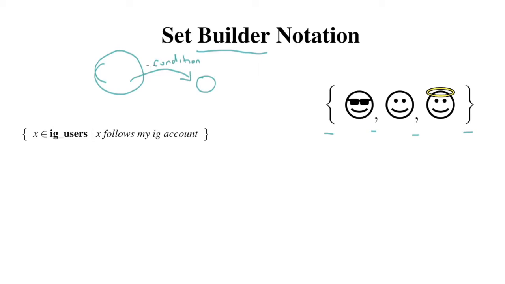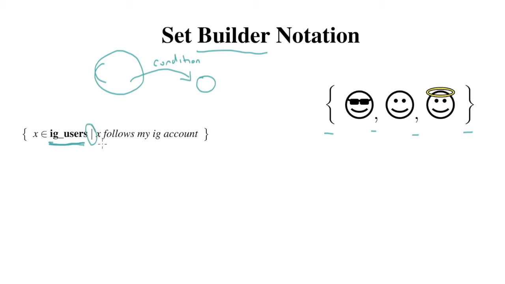We are following this kind of pattern here. We are taking items from a bigger set. The bigger set here would be the set of all Instagram users, because my Instagram followers are from the bigger set of Instagram users. We write the name of that bigger set on the left of this vertical line.